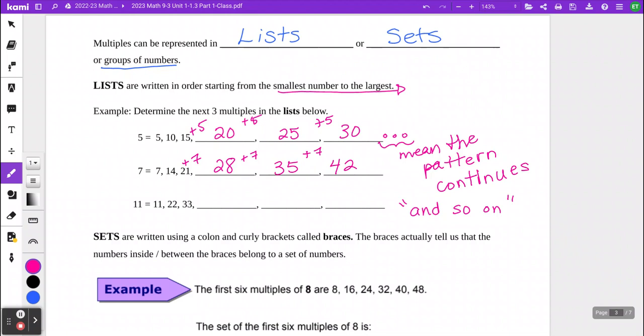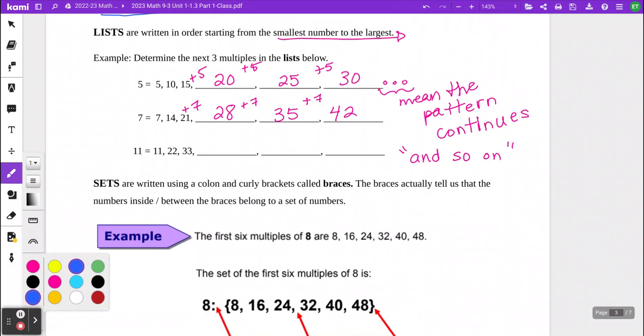Now I'm going to do the next one by multiplying. This one we did as skip counting, now I'm going to do one as multiplying, by single digits. I'm going to multiply by 1, then 2, then 3.